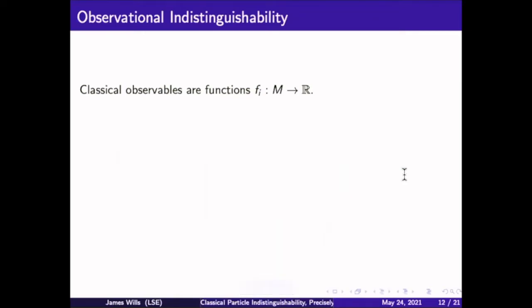So here's the first major bit of philosophy here. I'm going to introduce my definition of observational indistinguishability. Classical observables are functions from the manifold into the reals. Those are called classical observables.